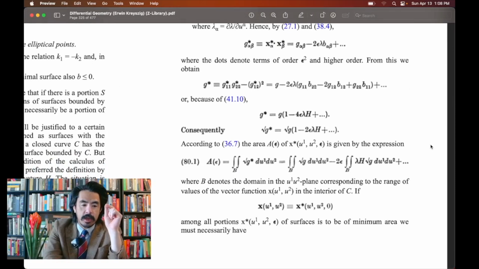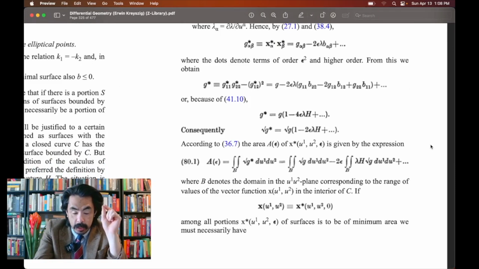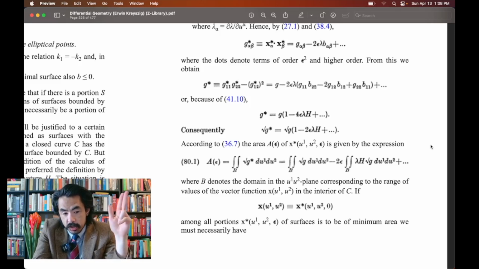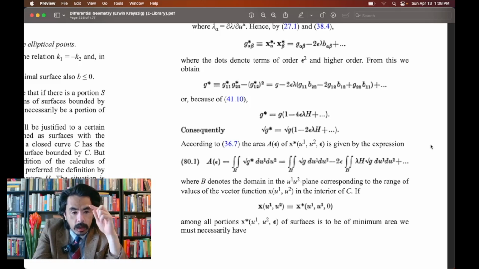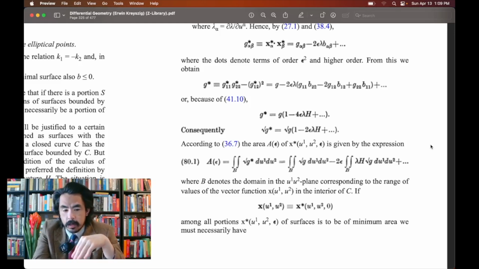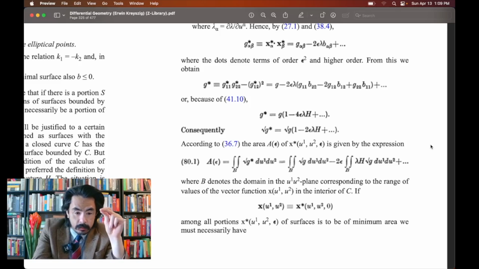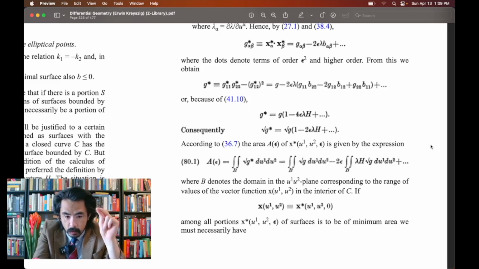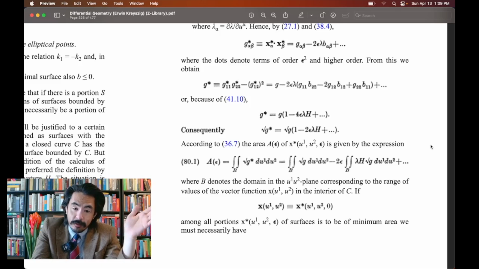From this we obtain that g star is equivalent to g star sub 1 1 times g star sub 2 2 minus the square of g star sub 1 2, where these are components of the first fundamental form, but we have stars here, so it's different, equals g minus 2 epsilon lambda times quantity g sub 1 1 times b sub 2 2 minus 2 times g sub 1 2 times b sub 1 2 plus g sub 2 2 times b sub 1 1, closed quantity, plus etc. So like I said, we have on the right hand side one set of components of first and second fundamental forms, and then we get on the left hand side now different components of the first fundamental form as indicated by the stars.